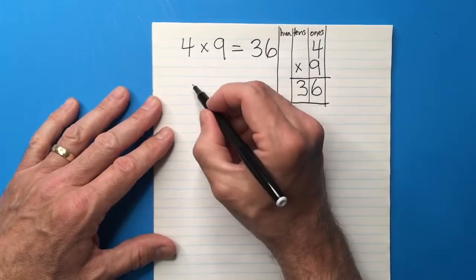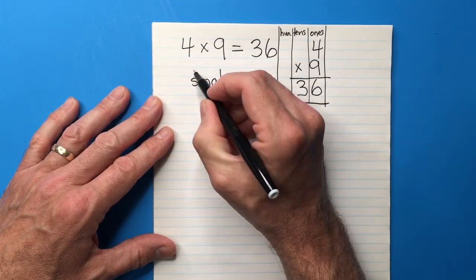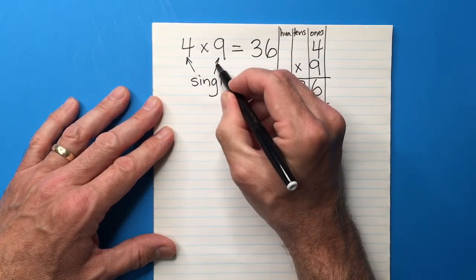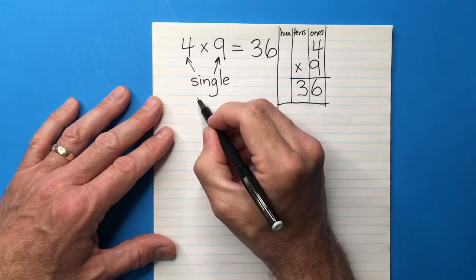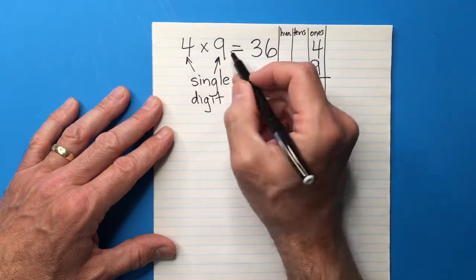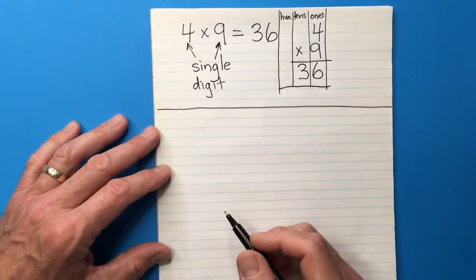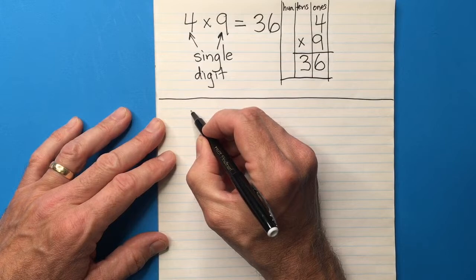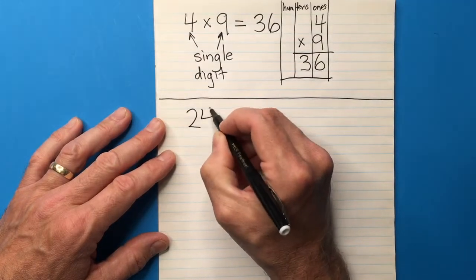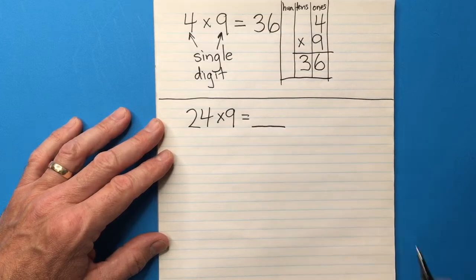So this is called single digit multiplication because we have a single, which means 1, digit multiplied by a single digit. Each of these is a digit. Now in multi-digit multiplication, you might have something like this. Maybe you've got 24 times 9 equals something.